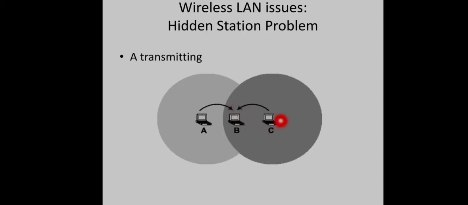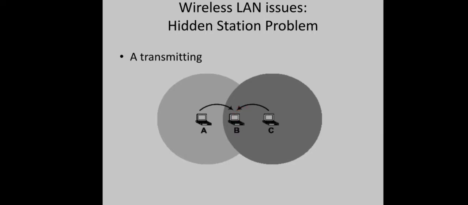So when C senses the channel, it will not hear A, and it will falsely conclude that it can transmit some data to B. If C does transmit to B, these two data frames will interfere, and the data frame from A and the data frame from C will both be garbled.